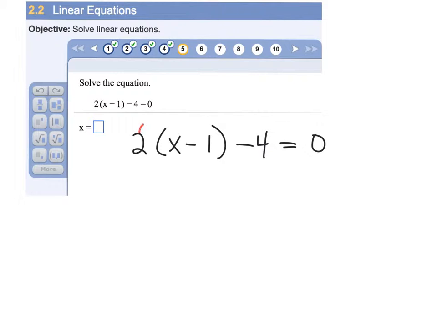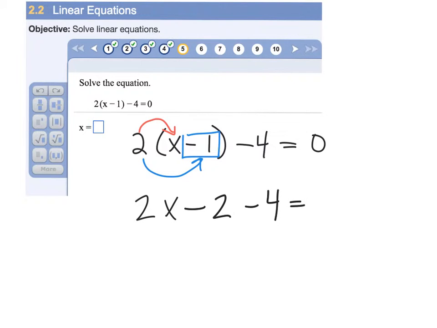So first we have to do 2 times x, and then 2 times negative 1. So 2 times x is 2x, and then 2 times negative 1 is negative 2, and then we just bring down the minus 4 equals 0.